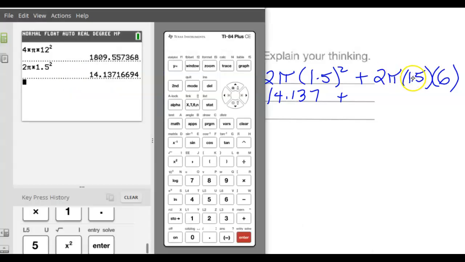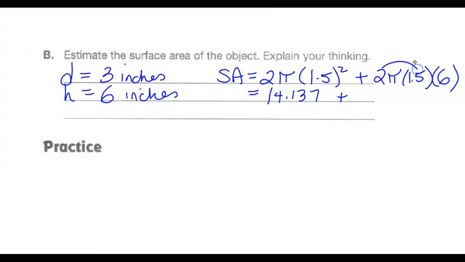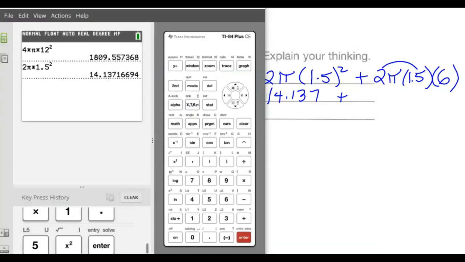Now 2 times pi times 1.5 is like 3 pi, right? So if you want to save in your calculator, you can just go 3 pi times 6, 56.549.